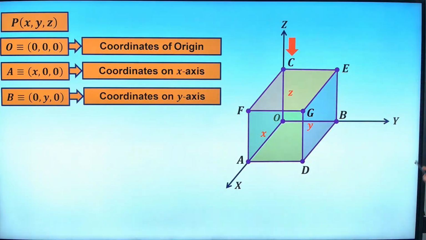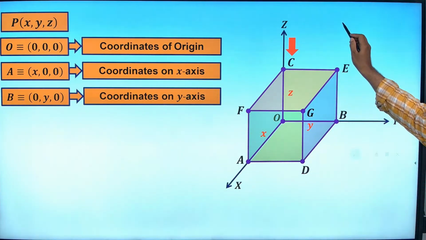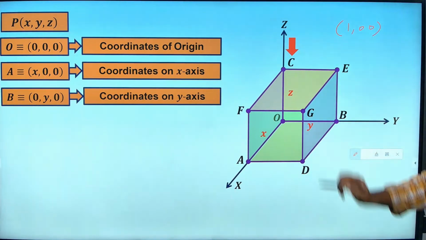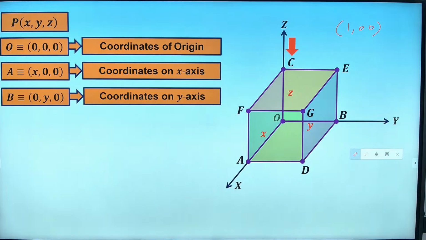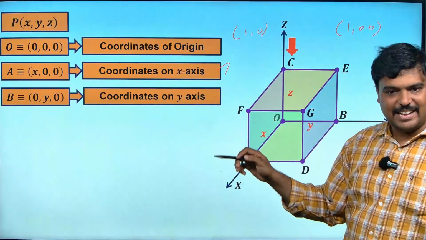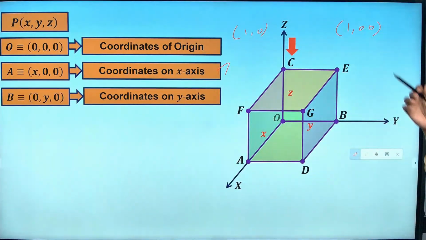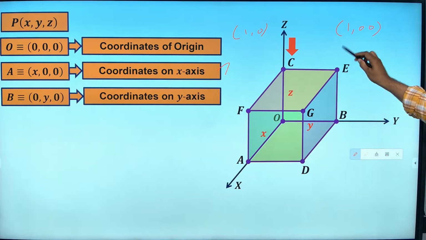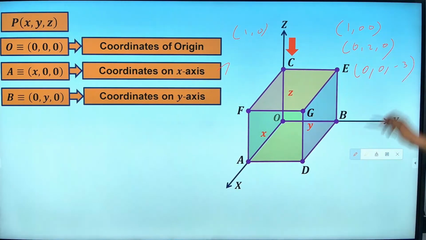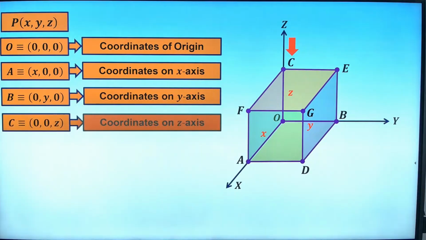If I say a point 1 comma 0 comma 0, this point is on the x axis. Understood? Where is 1 comma 0? On the x axis, right? Here we just put one extra 0. Okay, 0 comma 2 comma 0, where will this be? y axis. 0 comma 0 comma -3, where will this be? Z axis.